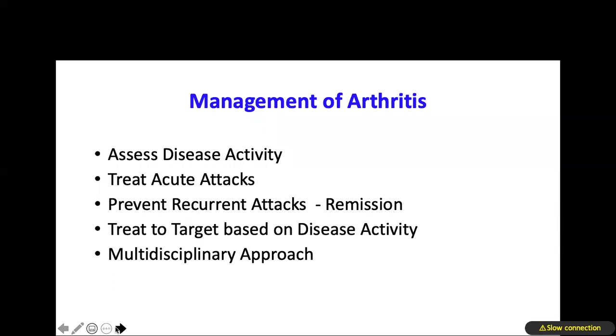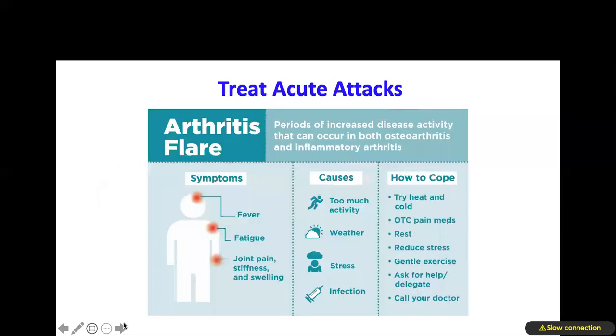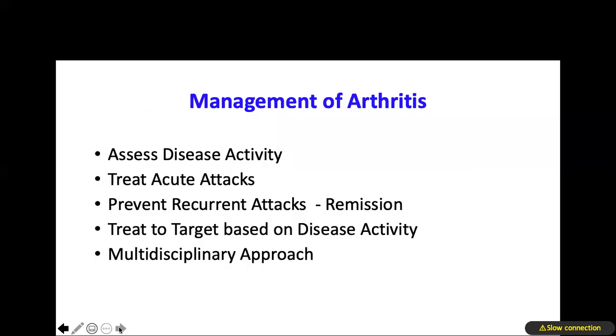Okay. Then also, depending on how the blood sugar control is, and in most conditions like in diabetes or in arthritis, there is a multidisciplinary approach, right? So because of all these things, we need to focus on at least treating a patient.